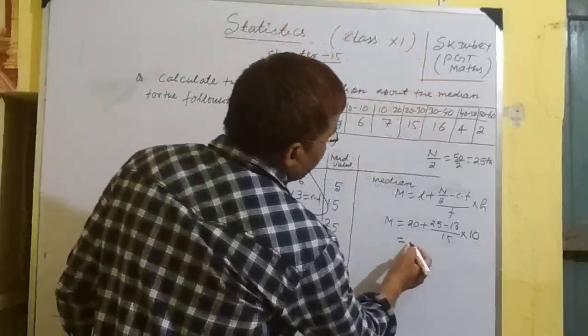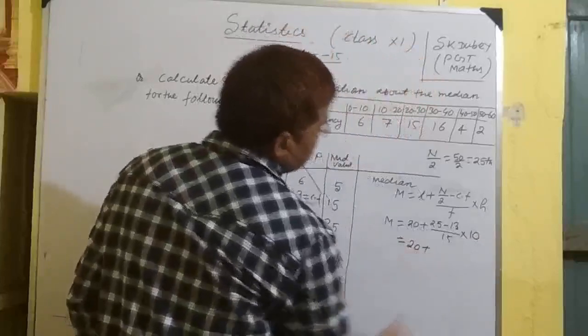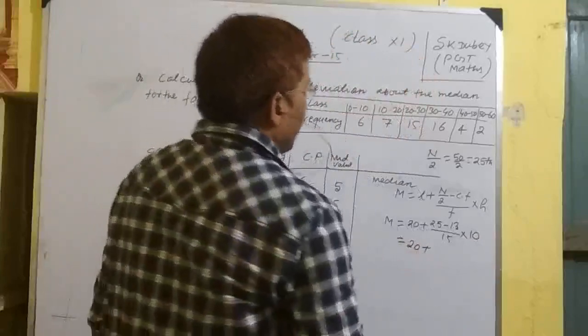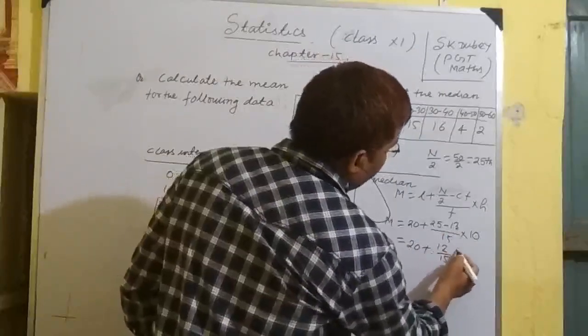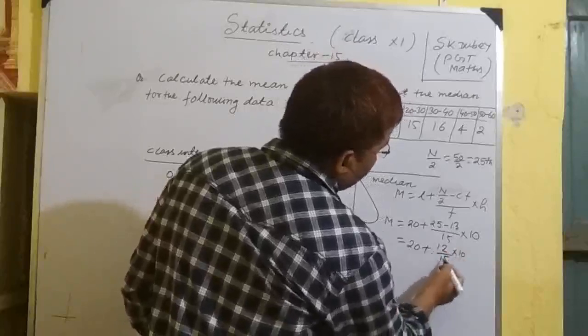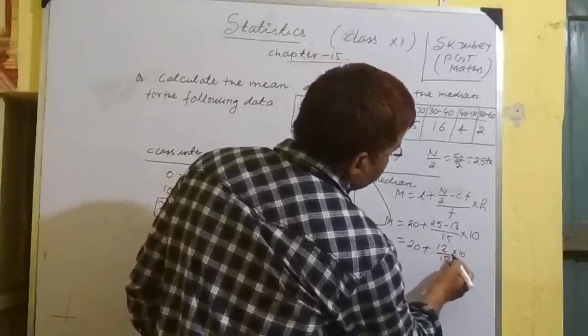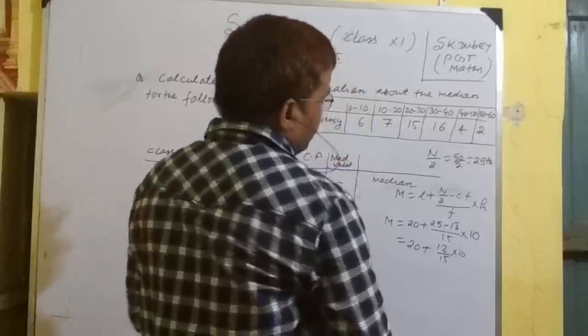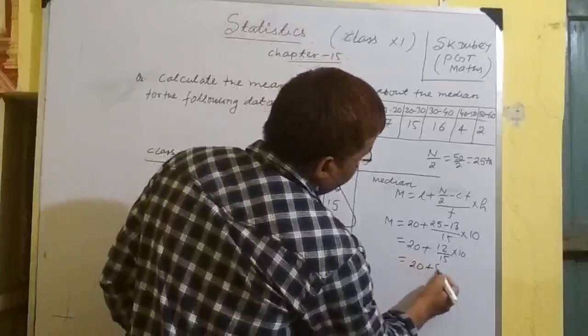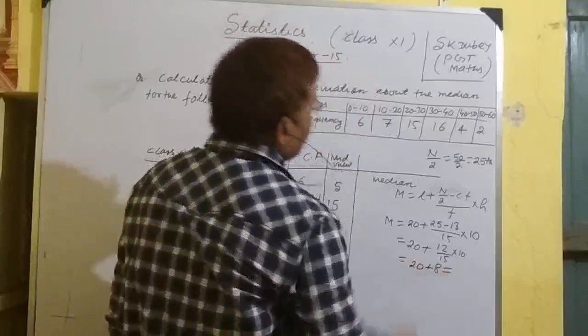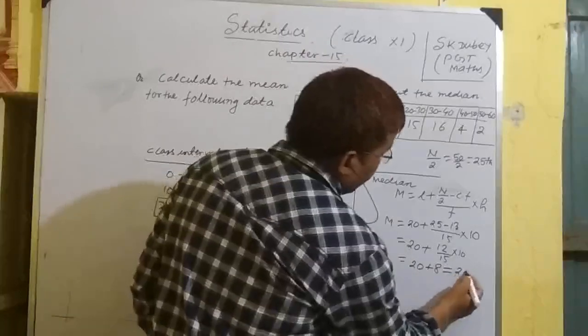This is equal to 20 plus 12 by 15 into 10, that is 120 by 15, which is 8. The median of this data is 28.